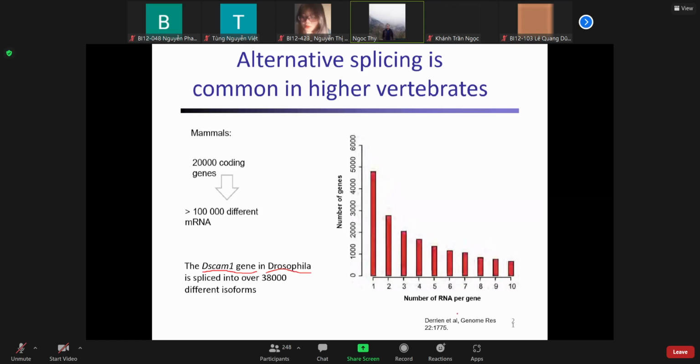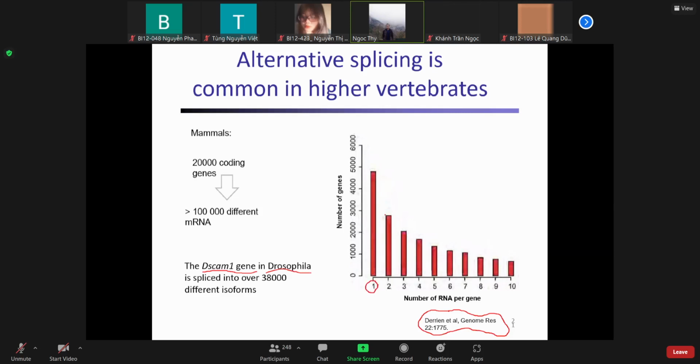So this is research published in Genome Research, which found that the human genome is composed of 25,000 genes. Only less than 5,000 genes encode only one mRNA molecule.